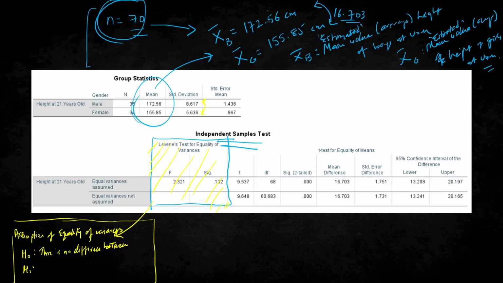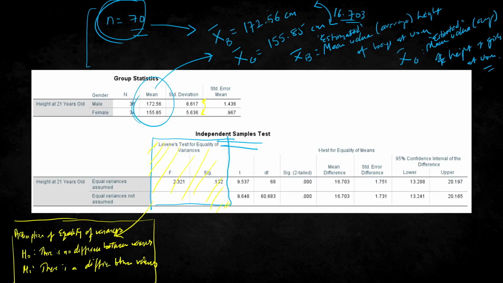So we are testing this assumption, and we want to see roughly equal variances. They need not be the same, but there should not be a large difference between them. So H naught is that there is no difference between variances, and H1 is that there is a difference between variances. Variances of what? Variances of the two groups, with regard to height. So that's what we're looking at here.